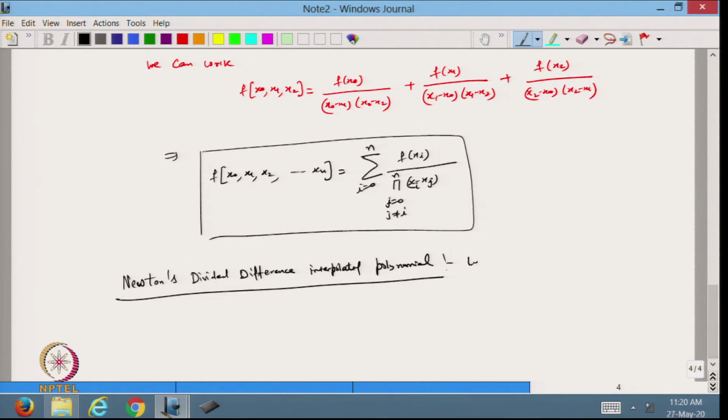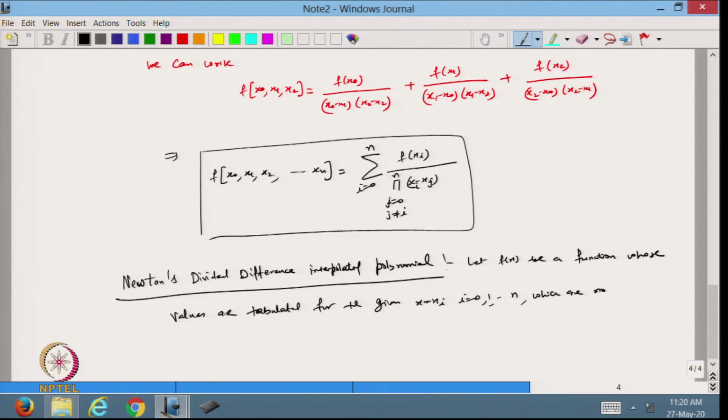So let the function f(x) be a function whose values are tabulated for the given x equal to xi, with i moving from 0, 1 up to n, which are not necessarily equidistant.